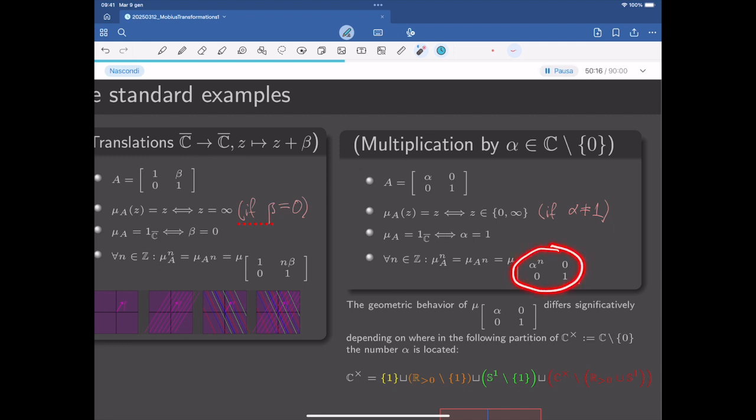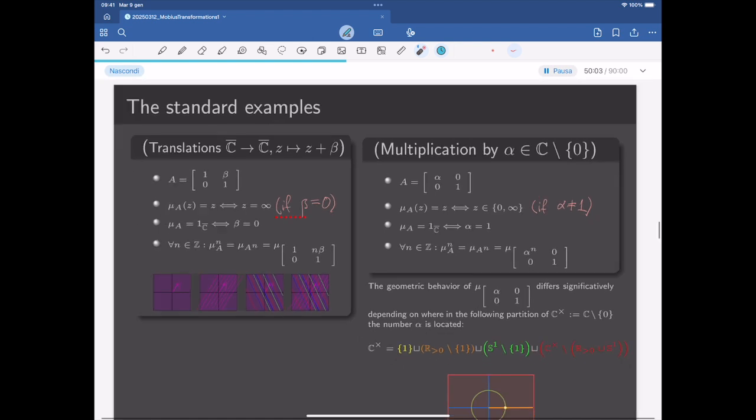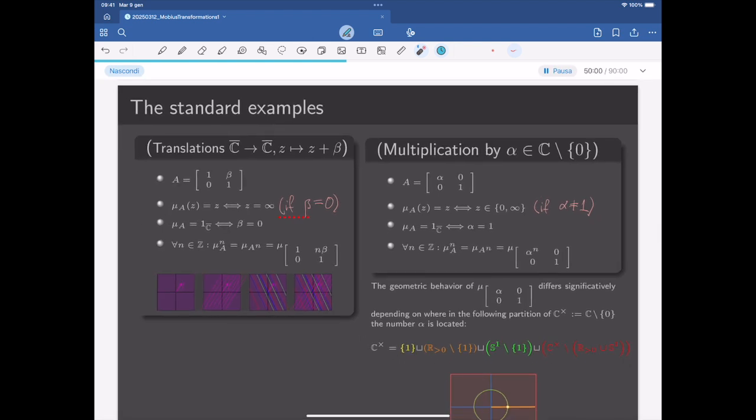So this is practically tautological. But now something is going to happen, which is that we have to beware of where alpha sits.